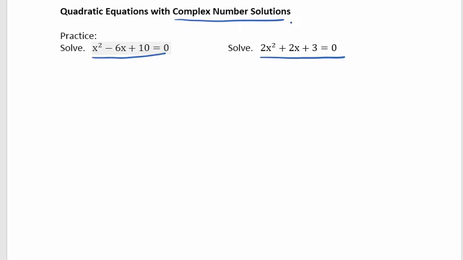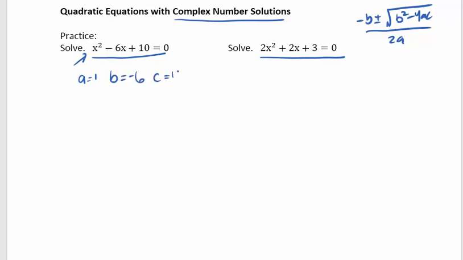Alright, let's take a look here at the first one. So writing the quadratic formula up here, remember, is negative b plus or minus the square root of b squared minus 4ac, all over 2a. Alright, so in the first one here, a is going to be 1, b is going to be -6, and c is going to be 10.